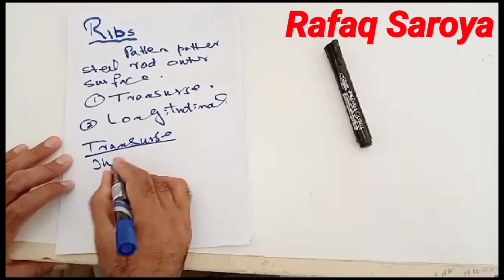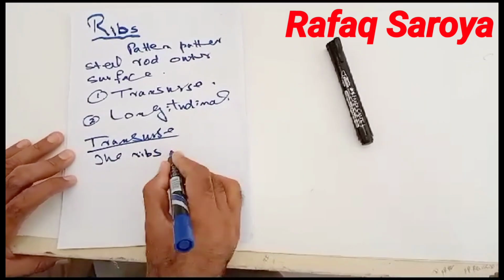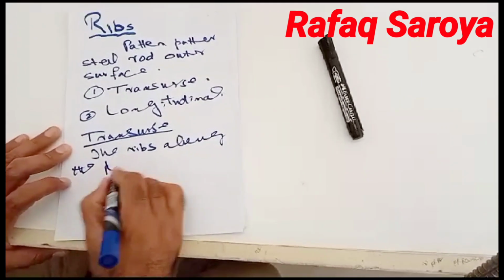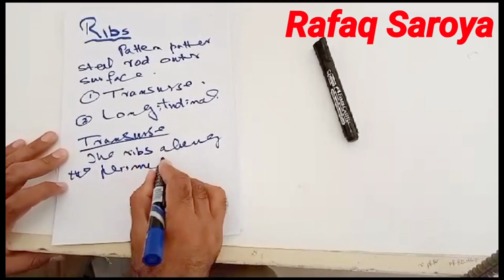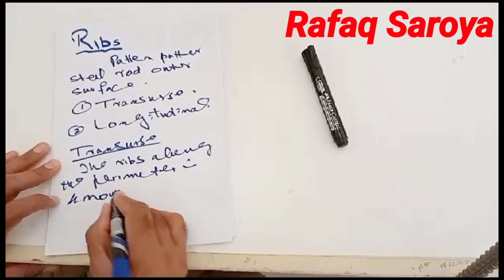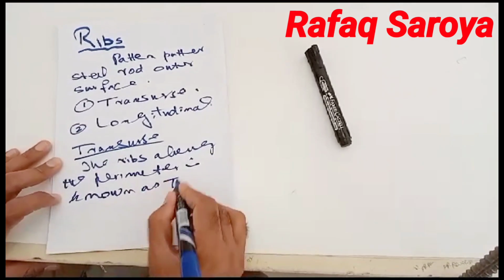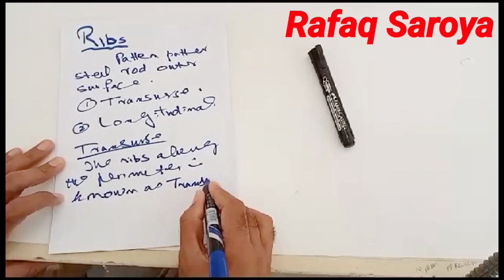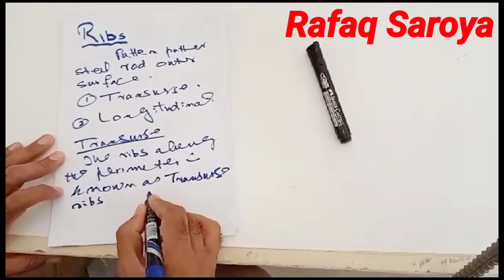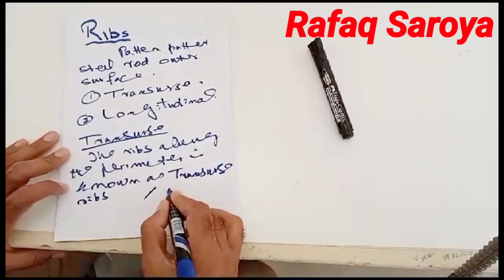The ribs along the perimeter are known as transverse ribs. These are like this.